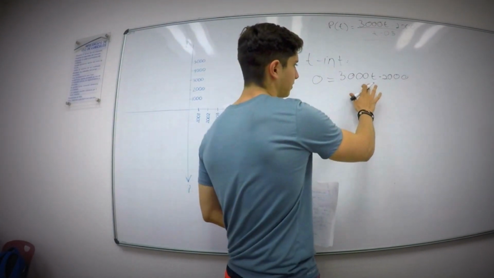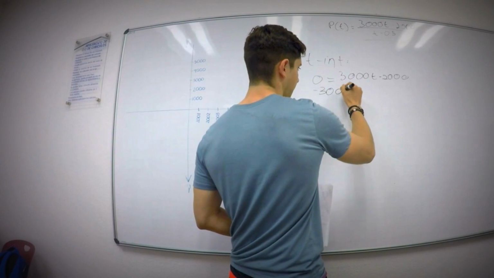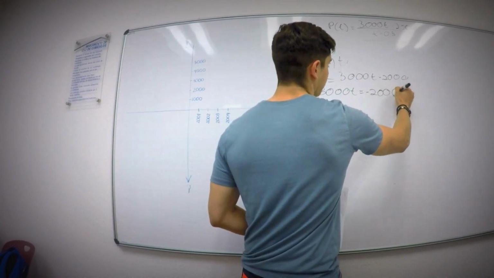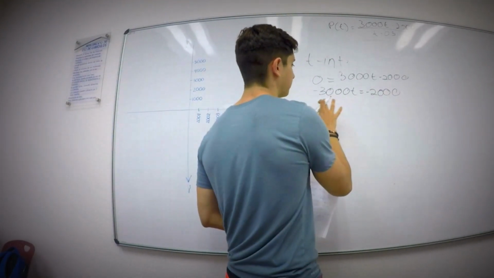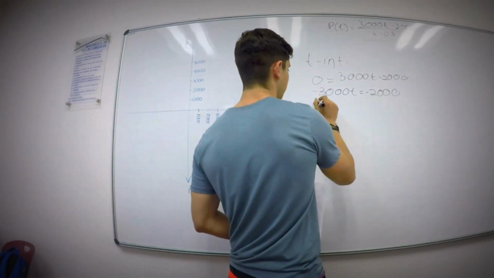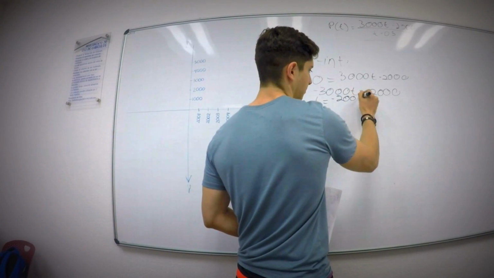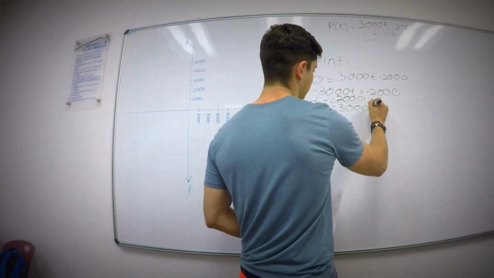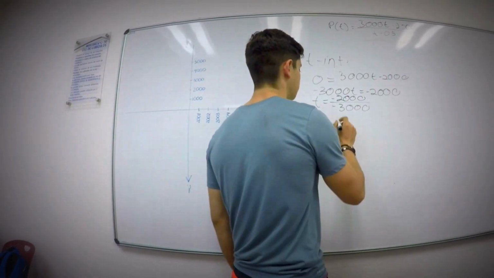Then we move the 3000t to the other side, making it negative. After that, we take the 3000, which is multiplying the t, and divide it into the minus 2000, leaving us with t equal to 2/3.